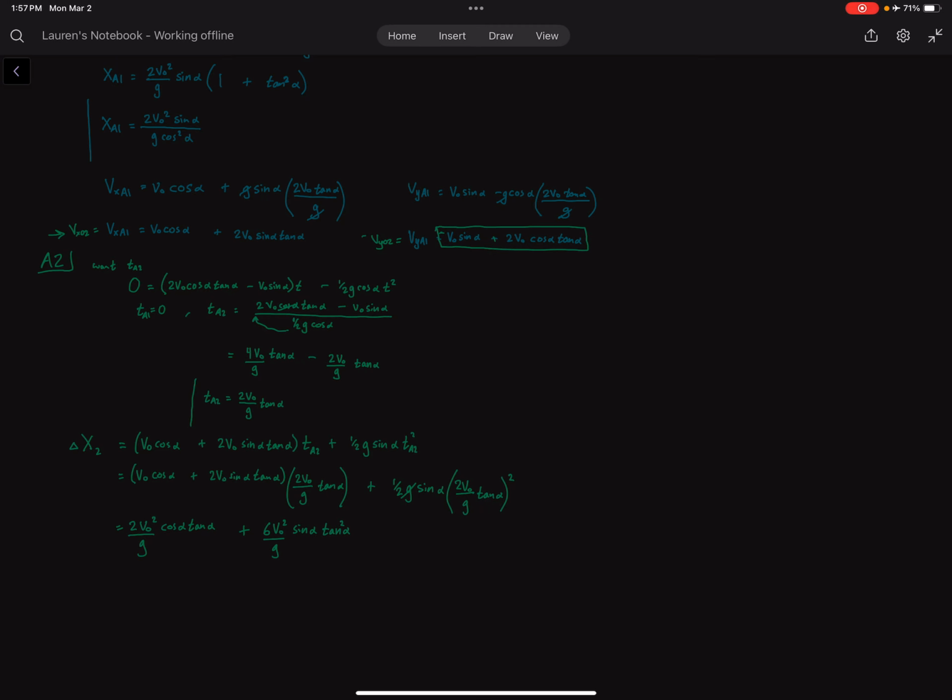So because what I'm saying is the distance xa2 is equal to xa1 plus what I've now labeled delta x2, right?